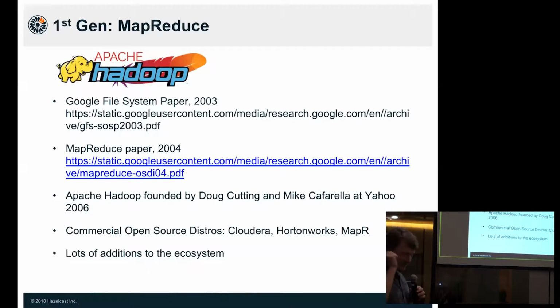You're just dumping all these individual events into a data store, and then running MapReduce to do aggregations, or the famous word count and all that, which we're going to see shortly. But it still ran in a batch mode. It still wasn't really event processing, but it was the first time we really started to look at these big data sets. And the ecosystem was quite large as well.